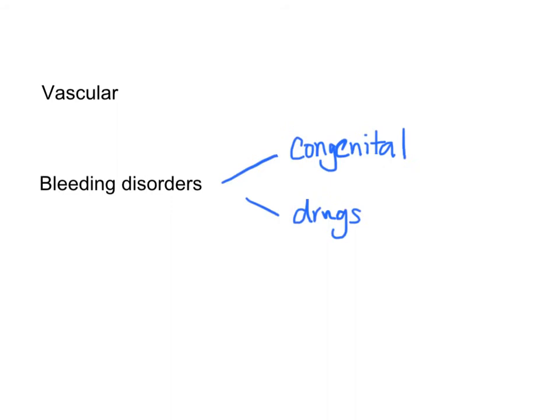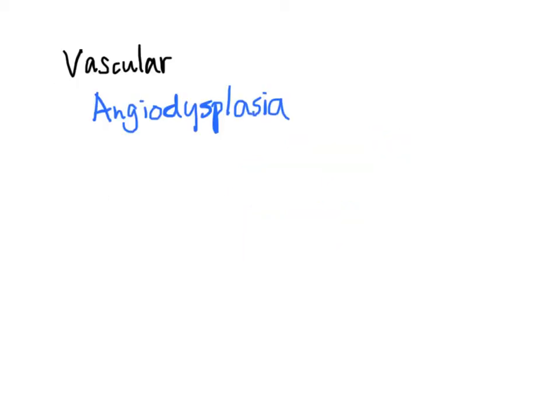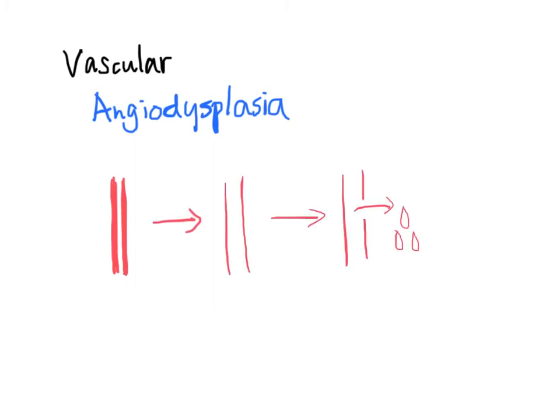It can be from a vascular disorder or from a bleeding disorder that's either congenital or from drugs such as warfarin. The most often seen vascular cause of an upper GI bleed is known as angiodysplasia. It can happen anywhere in the GI tract. In angiodysplasia, the normally strong wall of the blood vessel has become thin and friable.